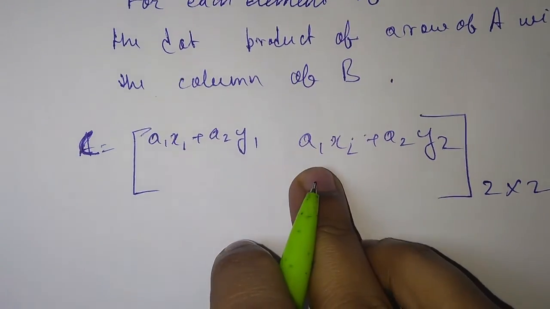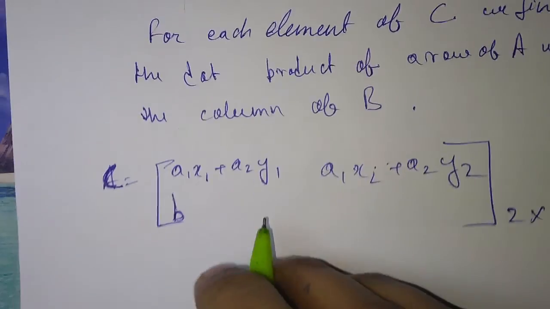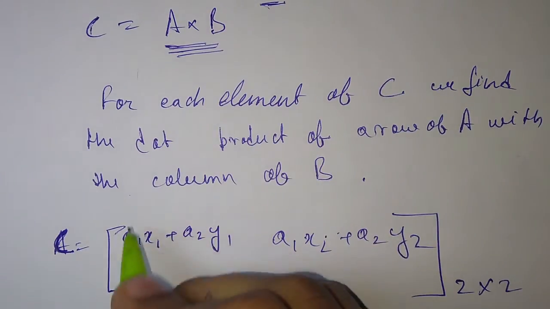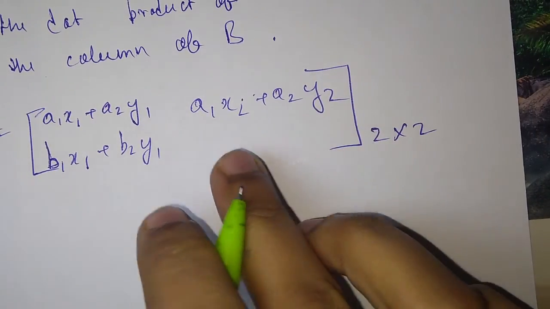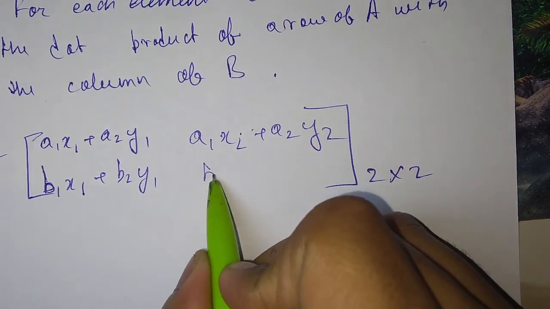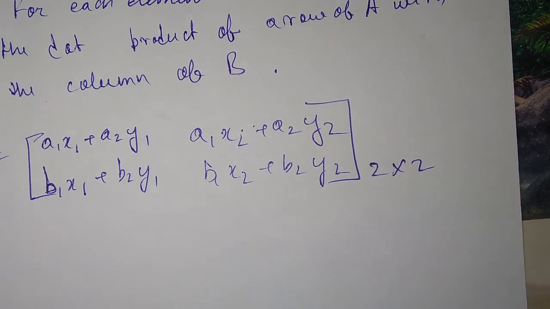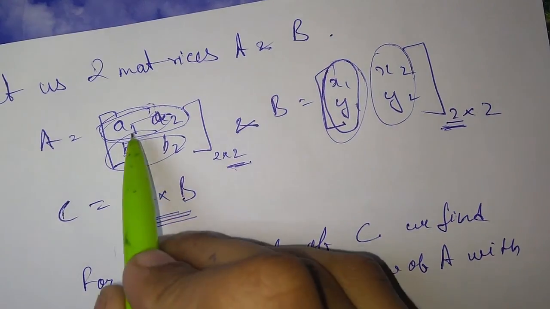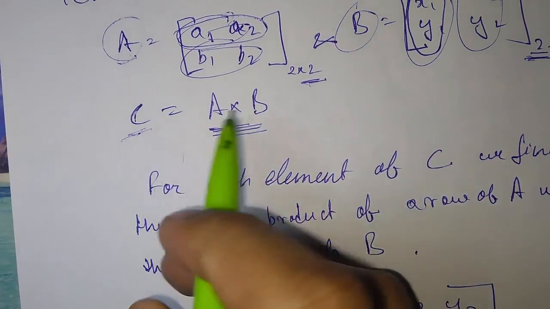Similarly, this entry will be dot product of this row with this column, that is B1 X1 plus B2 Y1. And lastly, this entry will be B1 X2 plus B2 Y2. So we see that we have multiplied the corresponding terms of this matrix with this matrix to find element of this matrix. So let us talk about properties of matrix multiplication.